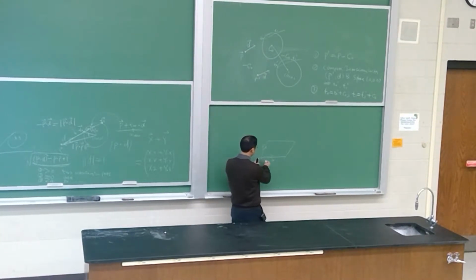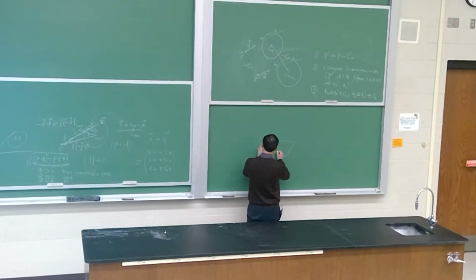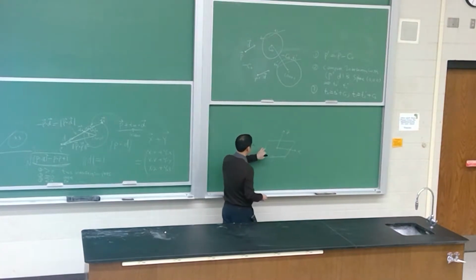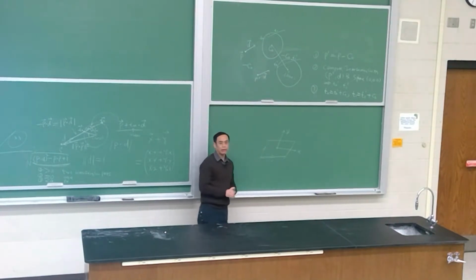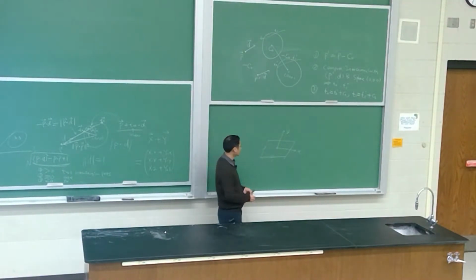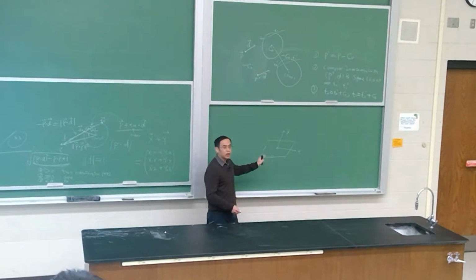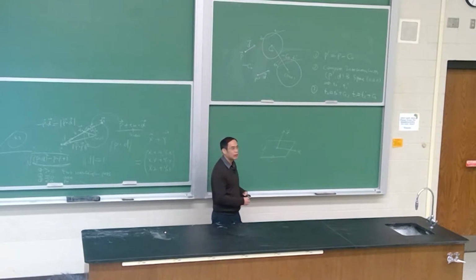You can maybe define the origin of the system in the center of the sphere. This is your x, this is your y. You can define this as maybe 10 by 10, or whatever size you want for the sphere. If you define the sphere this way, the intersection becomes very simple.